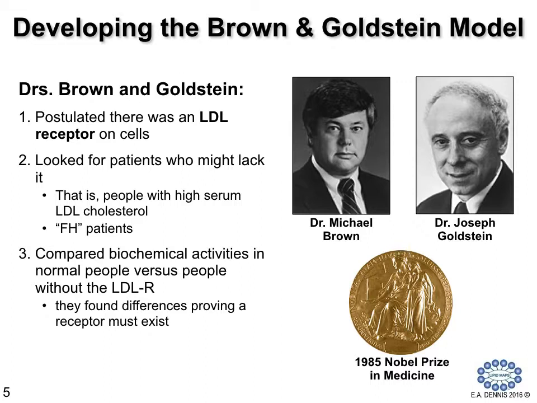They found a small number of such patients, and they termed them familial hypercholesterolemia patients, noted as FH patients. They then compared the biochemical activities in normals versus such people, and based on the differences, established the notion of an LDL receptor. For this great development, they received the Nobel Prize in Medicine in 1985.